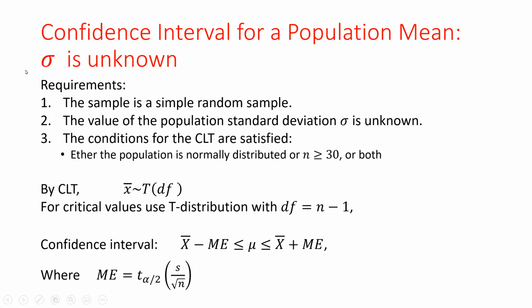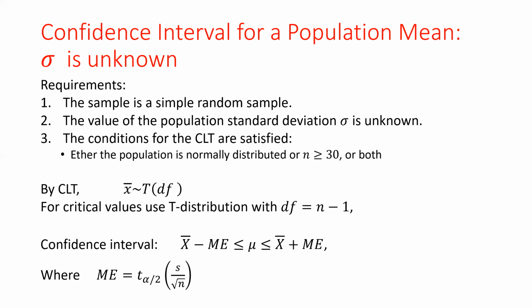So this is a situation where we don't know the mean and we don't know the standard deviation of the population. In this case, we're going to use both the mean and the standard deviation of the sample to estimate the standard deviation and the mean of the population.